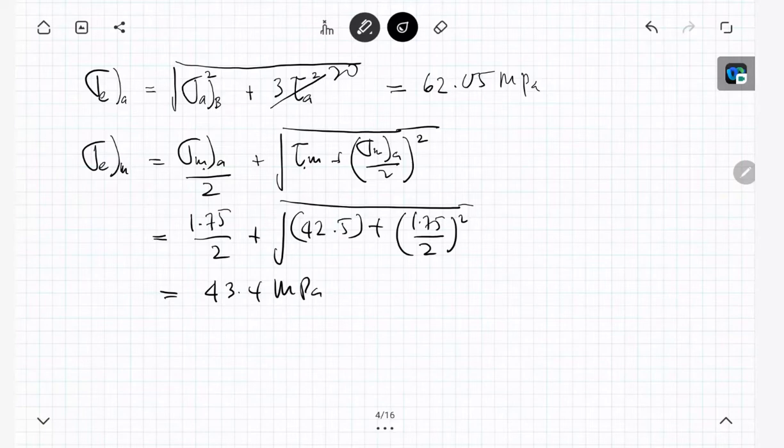Okay, so the exact equation untuk equivalent alternating stress and same as for equivalent mean stress, you will tengoklah dalam slide, the slide that I've given to you.